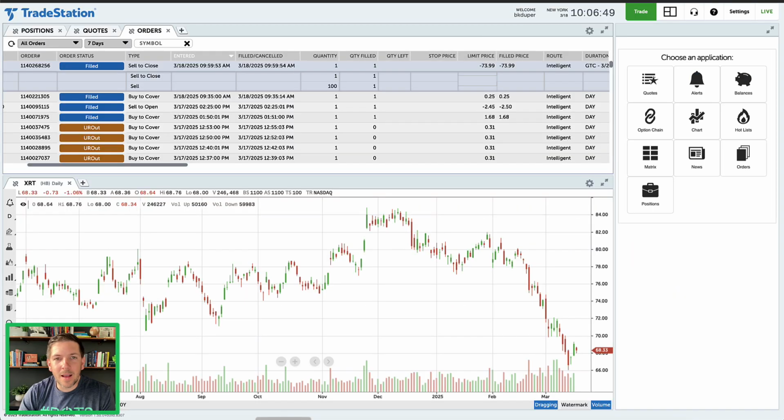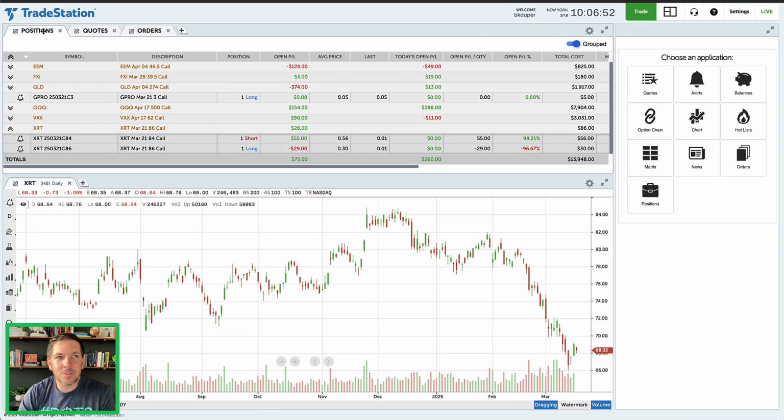Now, if the call side did have some value, if we go back to our position screen here, you can see this is our remaining position in XRT, which is the 84.86 call spread. Those contracts have no value right now. There's just a penny of value in there, for purposes of putting something in there. But you can see those 84.86 strikes are all the way up here. There's no chance in the next 3 or 4 days that it's going to get back up to that level, or very, very unlikely.